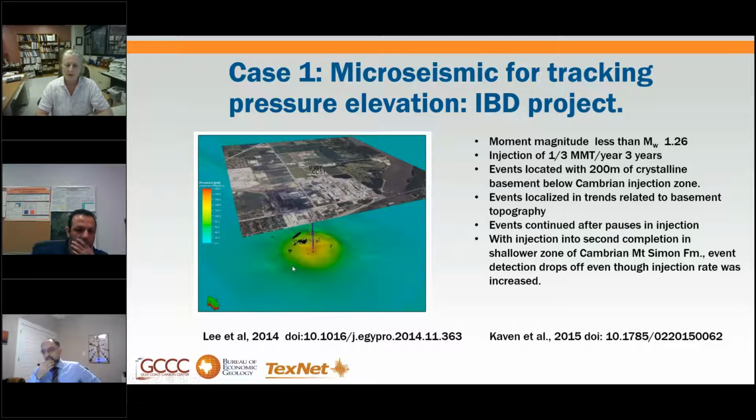There are related trends in the basement topography. There's been reluctance on the part of the team to overinterpret them, but since I'm not part of the team, I could say that the basement is fractured. These probably show fracture orientations in the basement that are under stress and are being energized to produce microseismic events related to the injection.